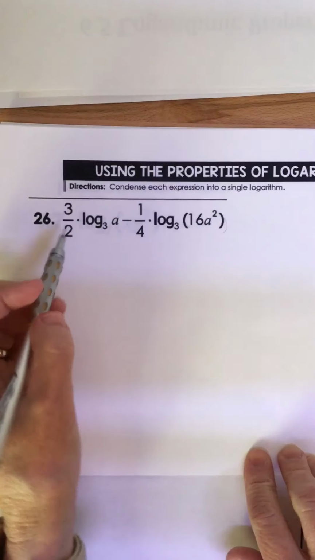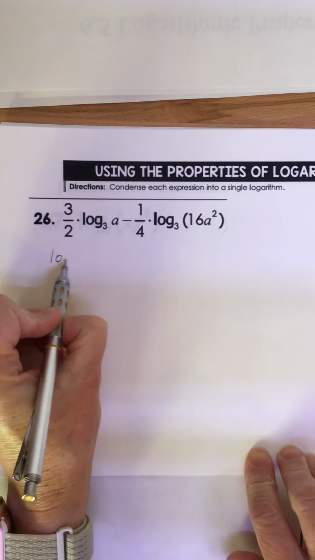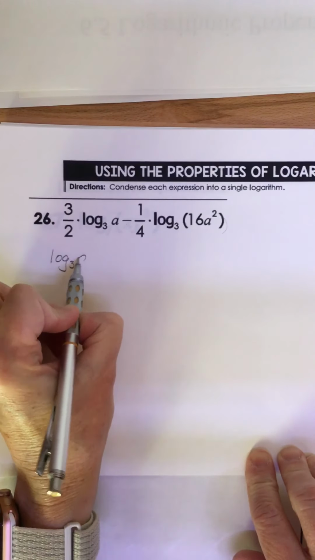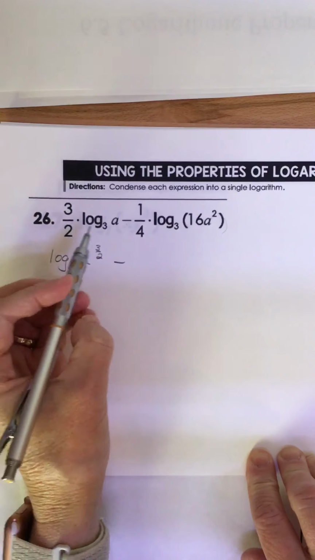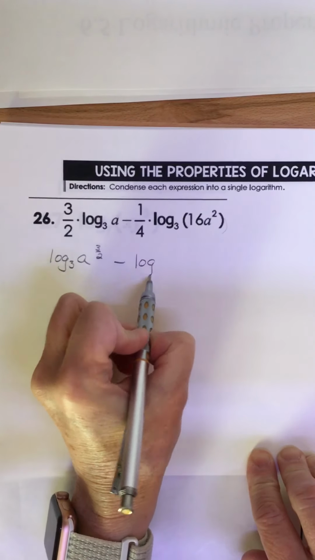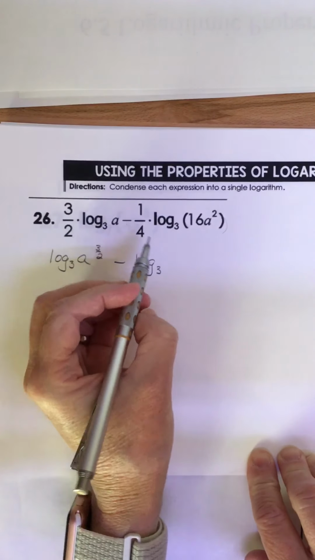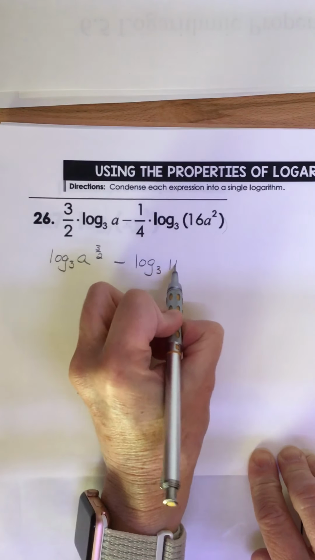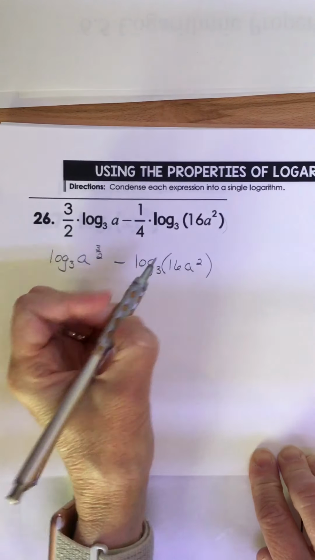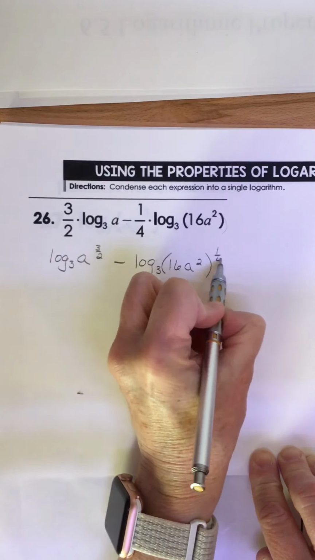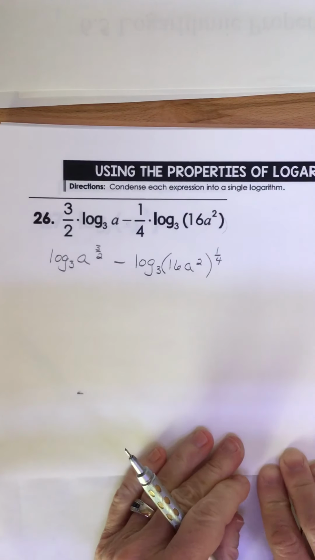So let's go ahead and do this. We have log base 3 of a to the power of 3 over 2 minus log base 3 of 16 a squared, and all of this is to the 1/4 power.